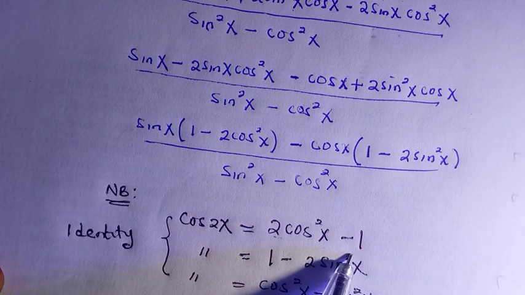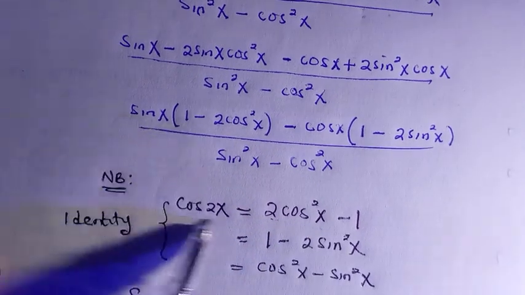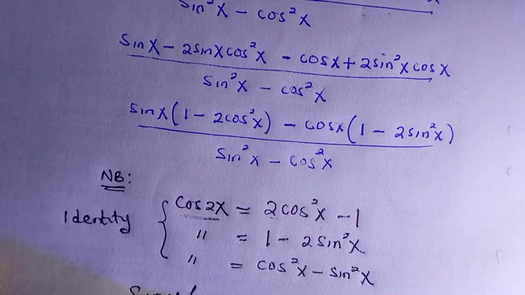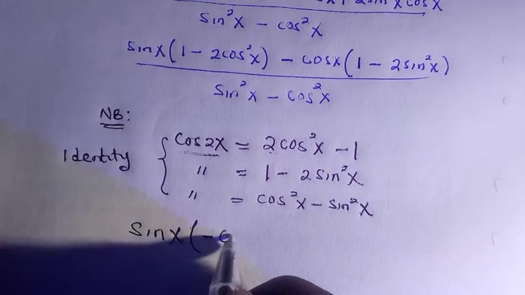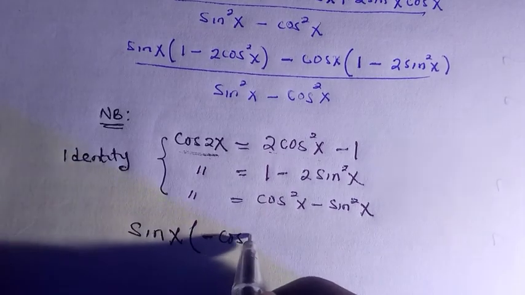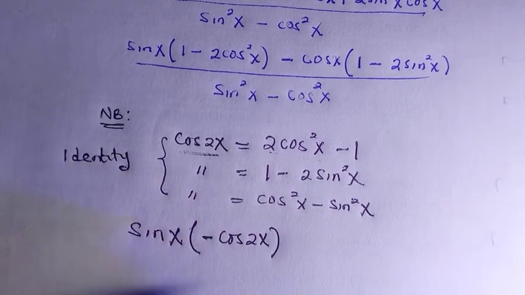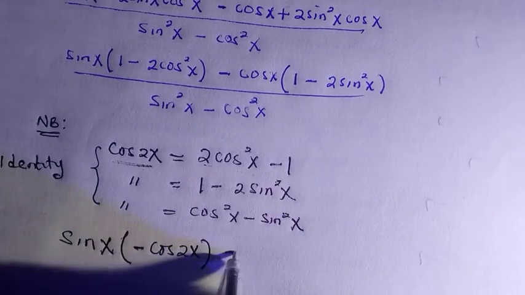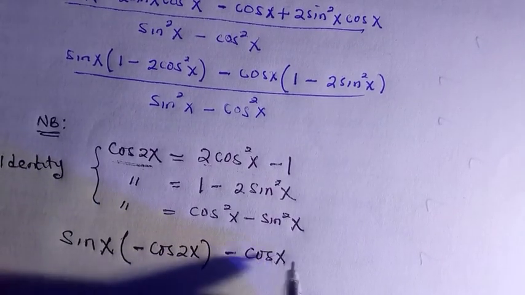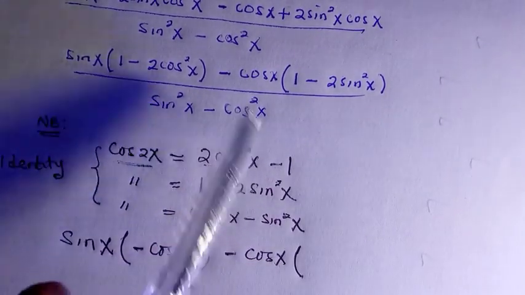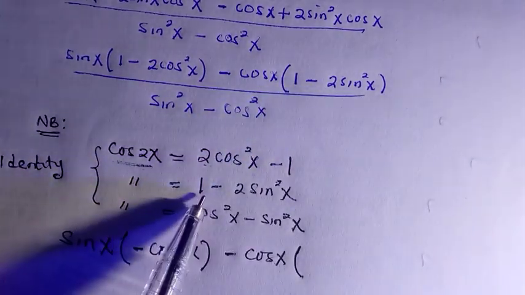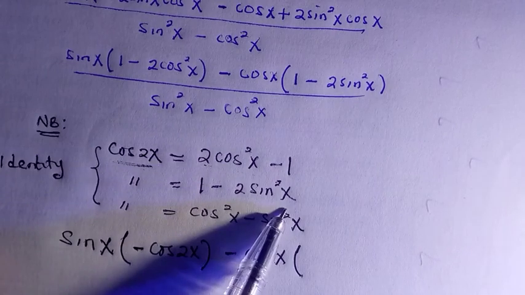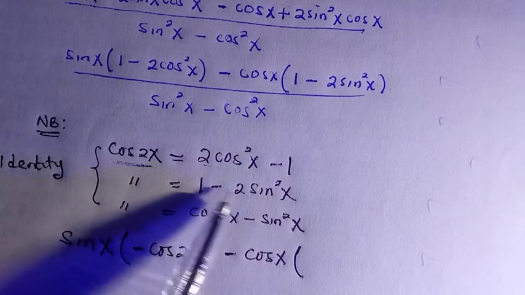So by introducing the negative to cos 2x, it is going to give us 1 minus 2 cos square x. For the second one we have cos x, and 1 minus 2 sine square x is one of the identities of cos 2x, so we just replace it as cos 2x.